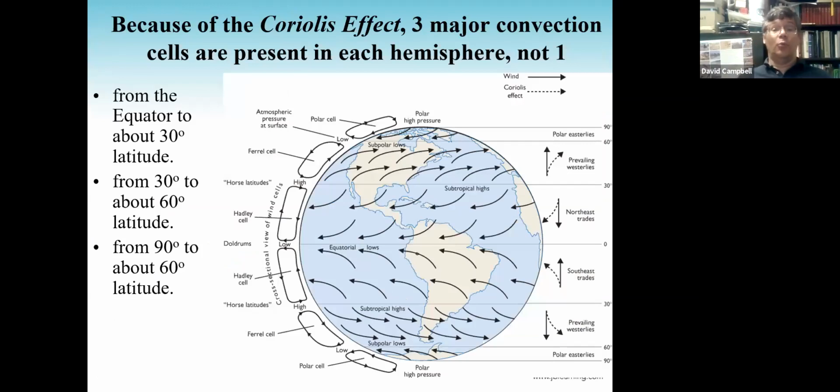Okay, what does this do to the winds? Turns out that instead of a single big loop going up, rising warm air at the equator and sinking at the poles, we characteristically get a 3-loop pattern in either direction. So 3 loops going north, 3 loops going south from the equator to the pole.